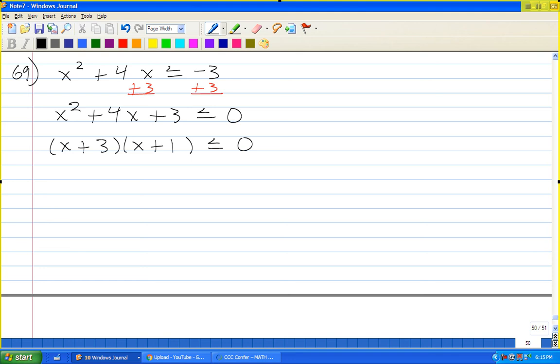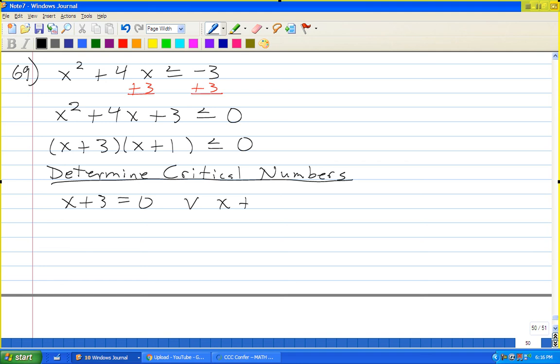So this is now in factored standard form. So let me determine my critical numbers. So let me set each factor equal to 0 and solve for x. Subtract 3 from both sides. Subtract 1 from both sides. Place these on my number line.